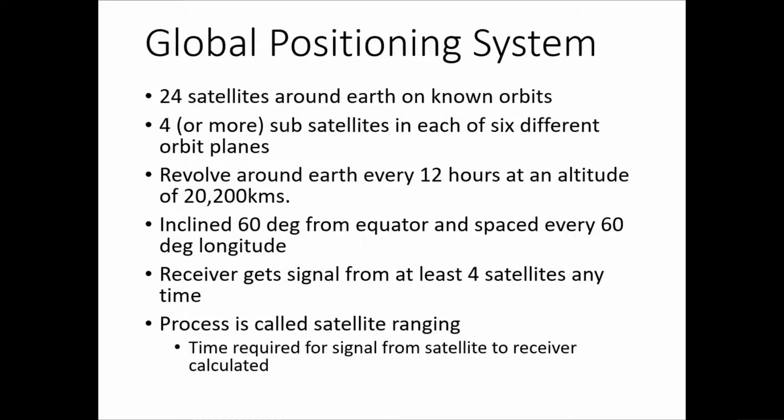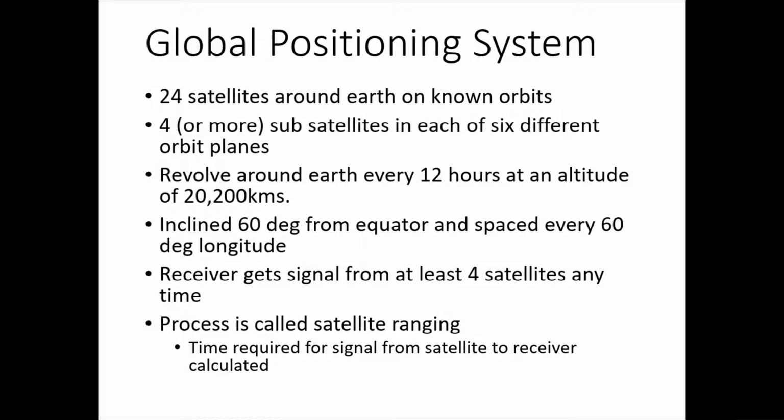In the US GPS system, you have 24 satellites orbiting the Earth, with 4 or more satellites in each of 6 different orbit planes that have been defined. They revolve around the Earth every 12 hours, at an altitude of 20,200 kilometers.